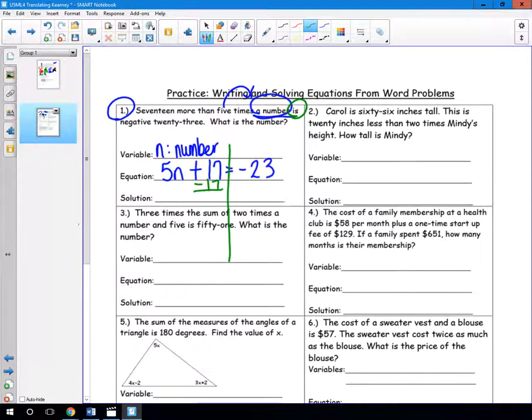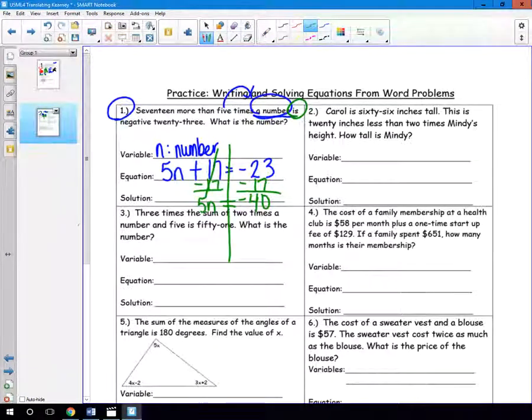Inverse operation, we would subtract 17. Remember, listen to your teachers, listen to your mother: what you do on one side, you do to the other. So we subtract 17 from both sides, and we're left with 5n equals, negative 23 and negative 17 would be negative 40.